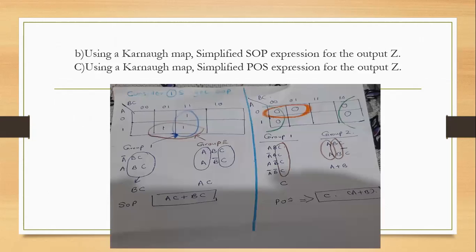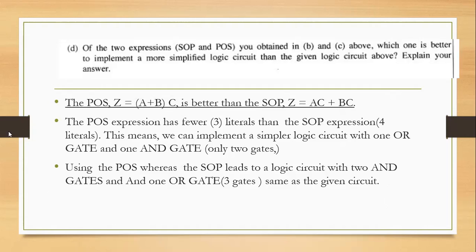Your POS expression is better. The POS expression has fewer literals than the SOP expression. This means we can implement a simpler logic circuit with 1 OR gate and 1 AND gate.